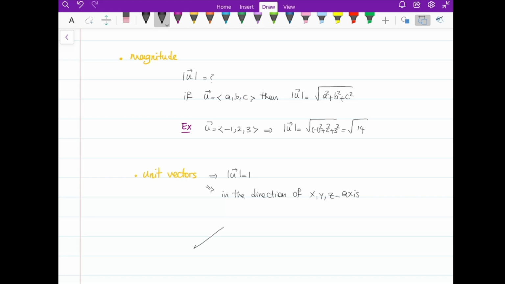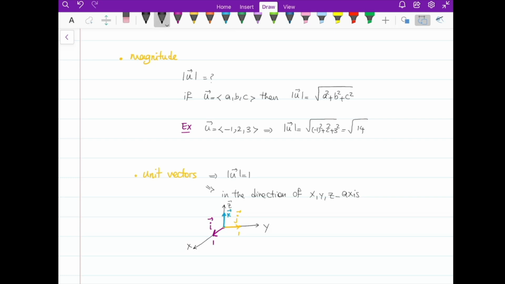So if this is the x-axis, this is the y-axis, and this is the z-axis, then the vector that I have in here, I'm gonna call it i, the length is just 1, and the vector that goes in here, I'm gonna call it j, and the vector in the direction of the positive z axis with the length 1 would be k.